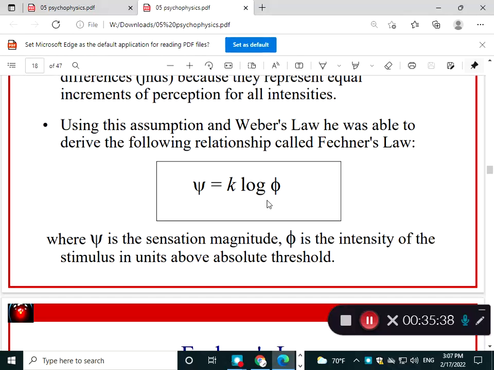The log something. The derivative of this equals what? What's the log function's derivative? Equal to 1 over the magnitude, right?